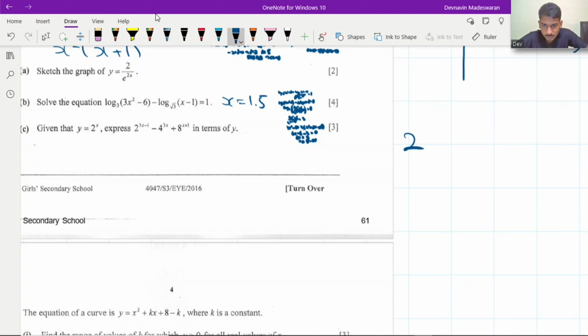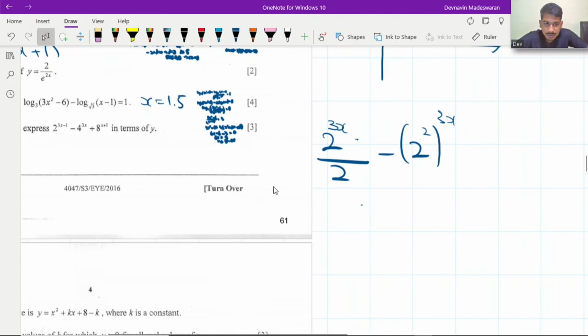So you have 2 to the power of 3x times, okay, divided by 2, so that's minus 1, minus 2 to the power of 2, the whole thing is going to be 3x. And then we're going to have plus 2 cubed to the power of x plus 1.